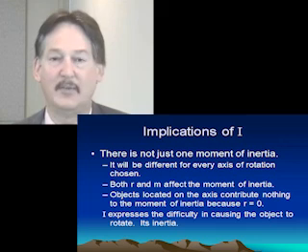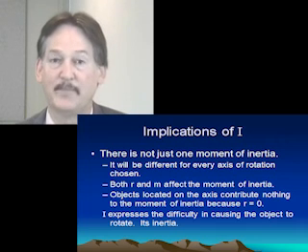Objects located right on the axis of rotation will have no distance from that axis, r equals 0, so they won't contribute to the moment of inertia. And again, if you remember the concept of inertia for linear motion, inertia is an expression of the resistance to being accelerated. In this case, I is an expression of the difficulty in causing the object to rotate with an angular acceleration.